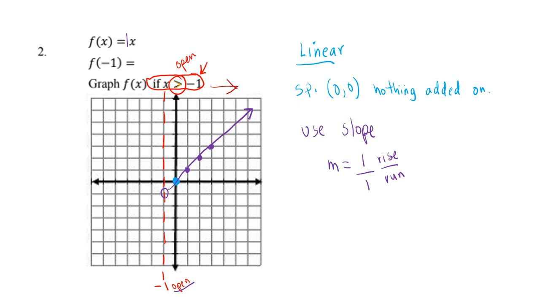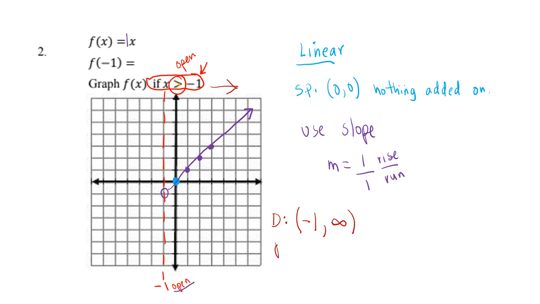Now to finish this off, what we're going to do here is the domain and range. All right, so for our domain, we look at how far to the left does it go. The farthest to the left this graph goes is right there at x equals -1. And at -1, it's an open point, so we use a parentheses. Now we say how far to the right will it go. Nothing's going to prevent us from going to the right to infinity there.